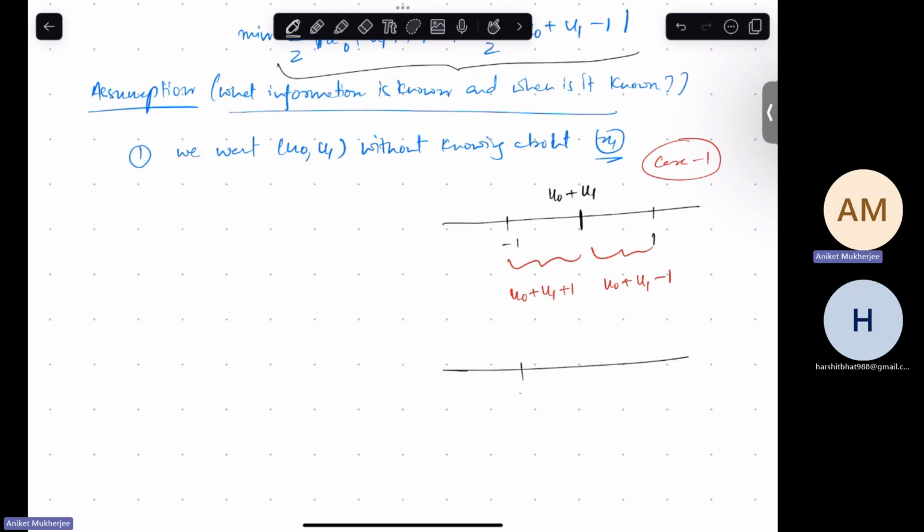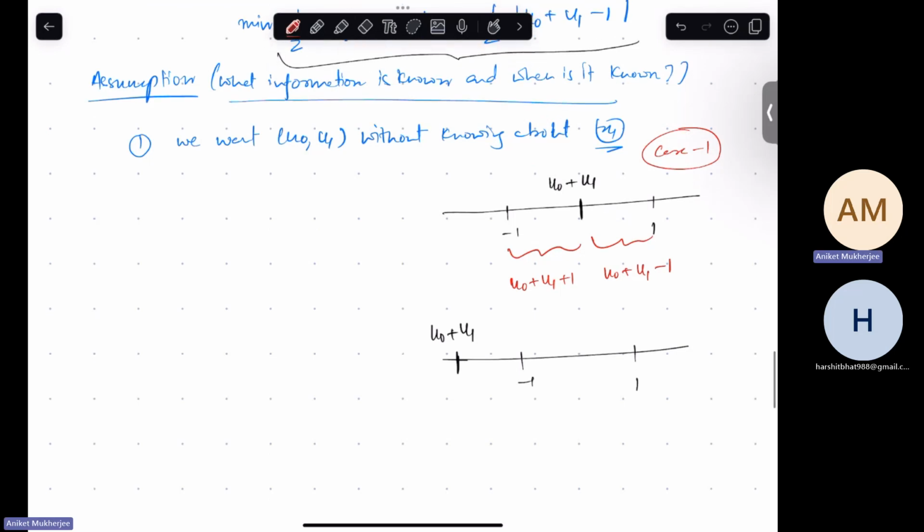The other cases are if u0 plus u1 is less than -1, then this is u0 plus u1 plus 1 and this whole thing is u0 plus u1 minus 1.